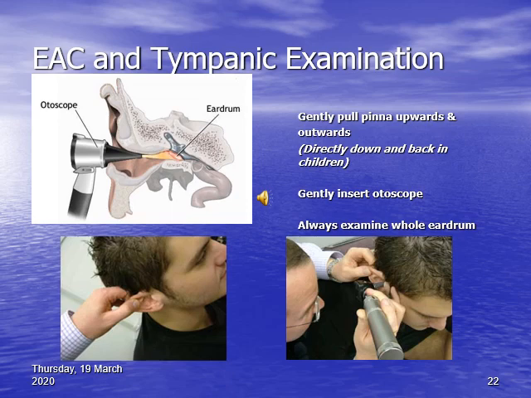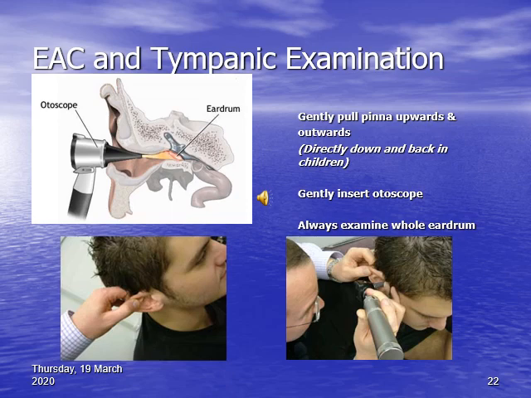First, we have to choose the ear we want to examine. If we choose the right ear, for example, we have to hold the otoscope with the right hand, and vice versa. We have to hold the otoscope like a pen, and gently use the other hand. For example, we are now examining the right ear. We are holding the otoscope with the right hand, and with the left hand we gently retract the auricle backward and upward.